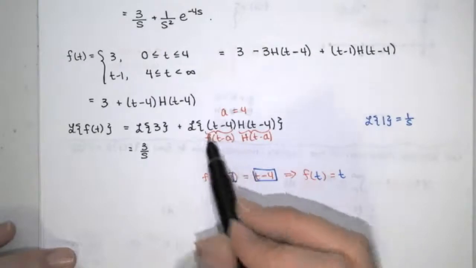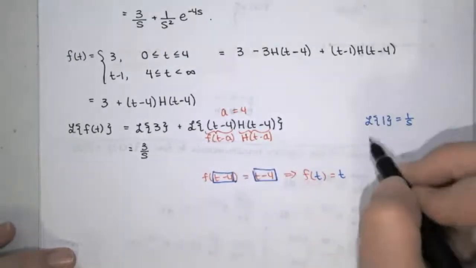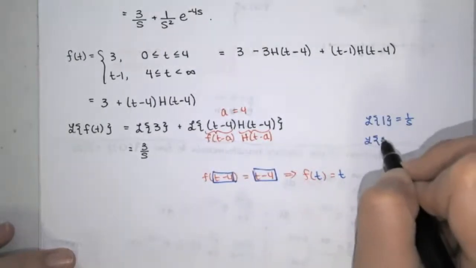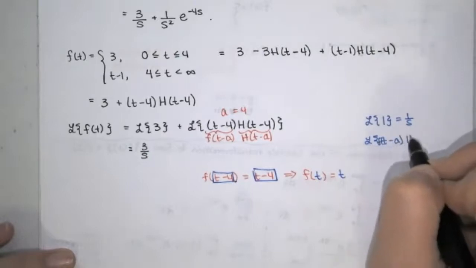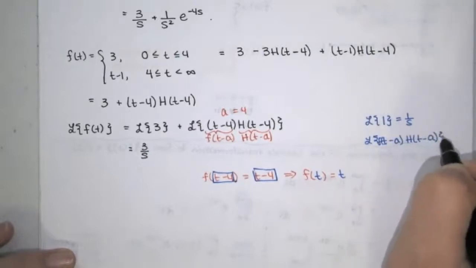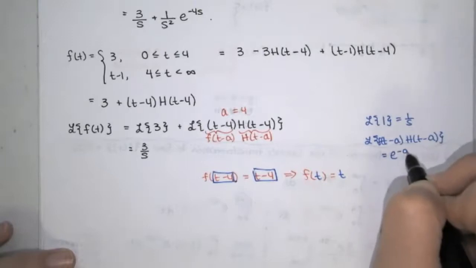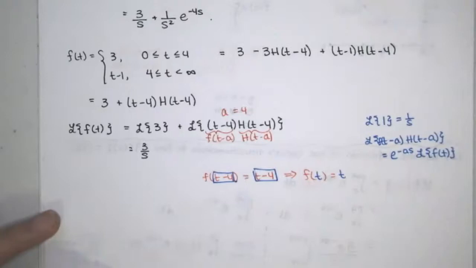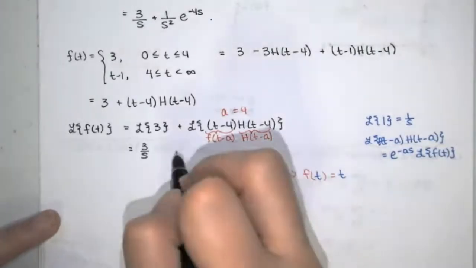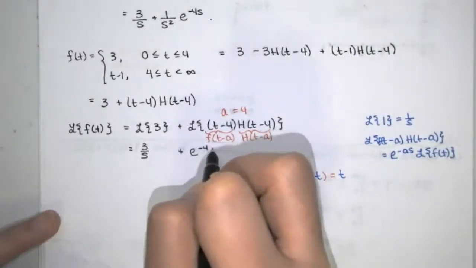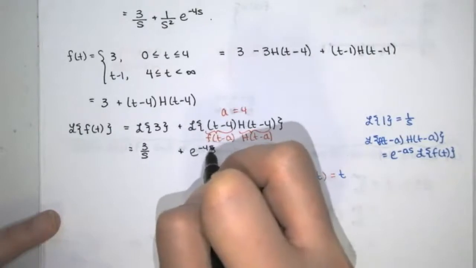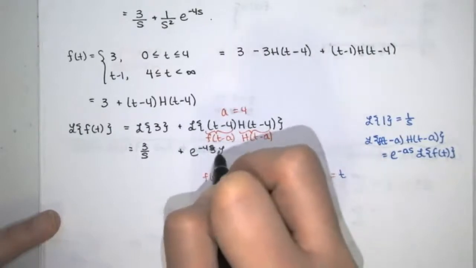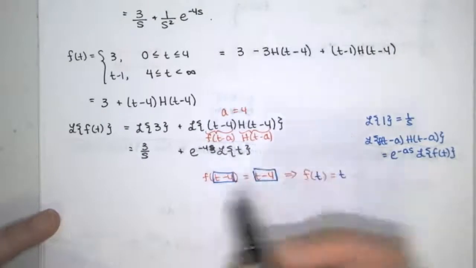Well, our theorem for the Laplace transform of f of t minus a times h of t minus a is this. We get e to the negative as times the Laplace transform of f of t. So in this case, we'll have e to the negative 4s, s should be multiplying that 4 up there, times the Laplace transform of t.